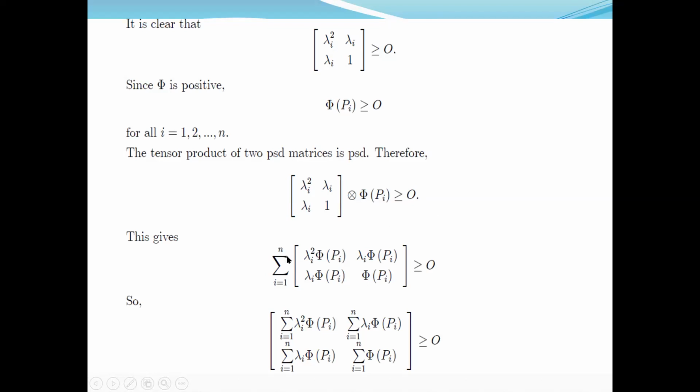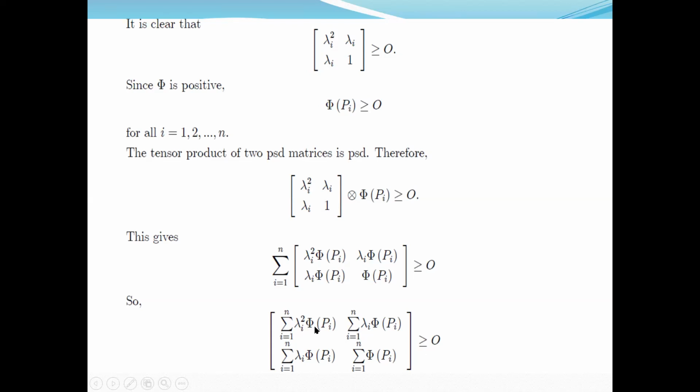So this gives the sum from i equals 1 to n, this matrix positive semi-definite, and here we have taken the tensor product. Tensor product means each entry here is multiplied with phi Pi; this is scalar multiplication here. Now, the sum of matrices is obtained by adding entries of each matrix. So this matrix is positive semi-definite.